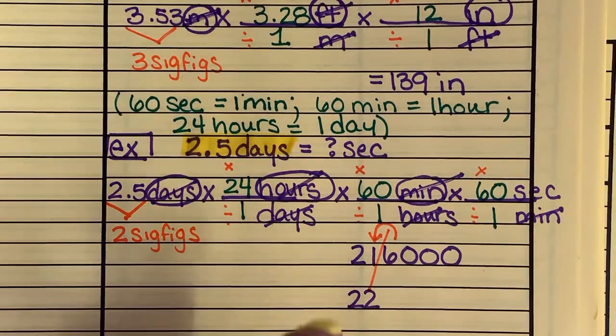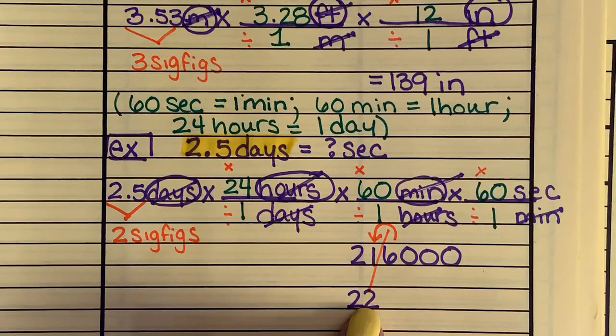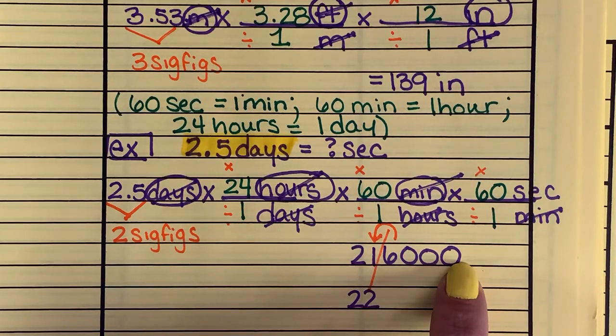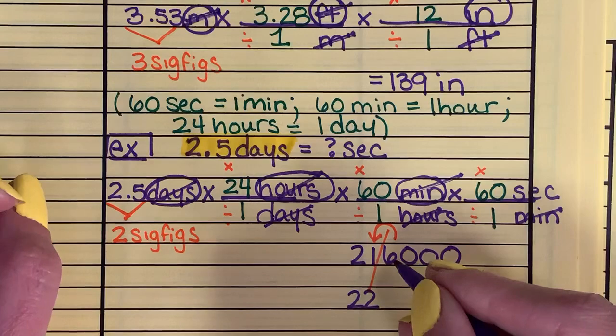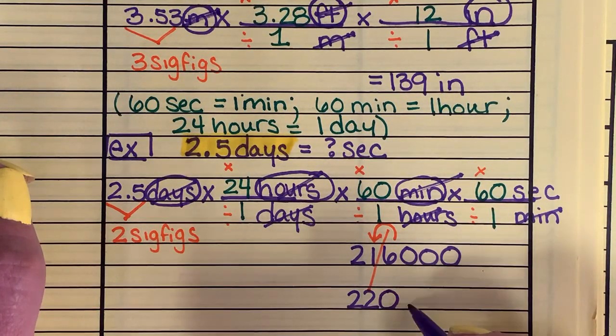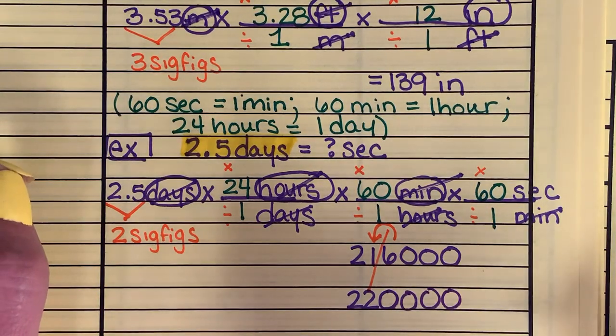Now, if someone owes me $216,000 and they give me 22, we've got an issue, okay? I can't just ignore all of these things. So this number is going to turn into a placeholder 0. And I need to bring all of the other placeholder zeros down as well, okay?